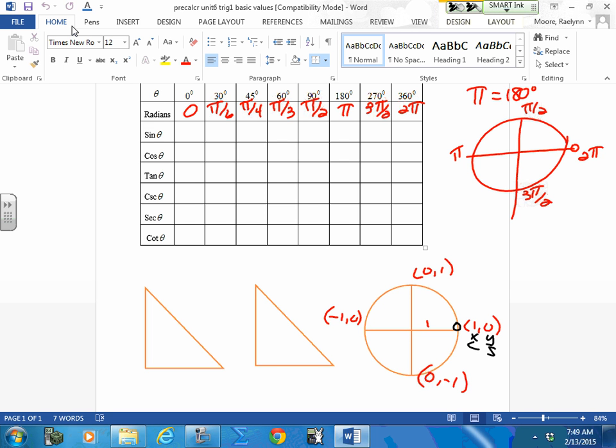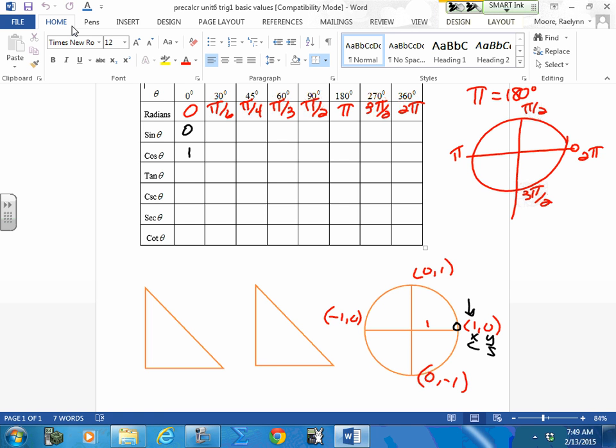The x value, see it? Cosine is 1. With me? Okay. Sine is the y value, 0.